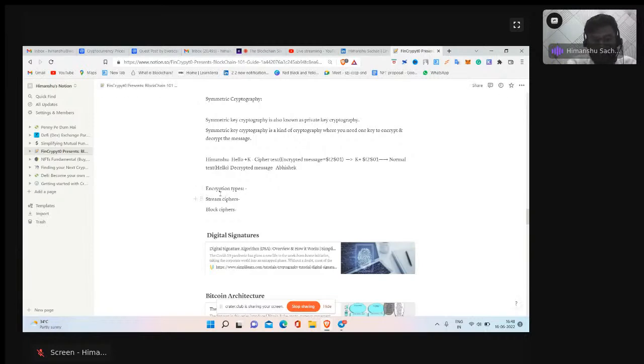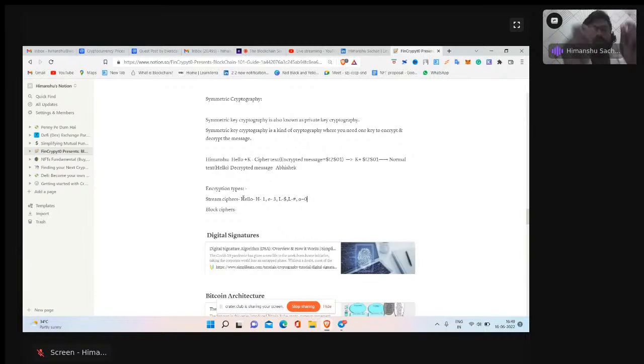In stream cipher, what happens? Let's say there is a message called hello. Here this hello will be encrypted: h will be encrypted to 1, e will be encrypted to 3, L will be encrypted to dollar, another L will be encrypted with hash, and O will be encrypted with 0.